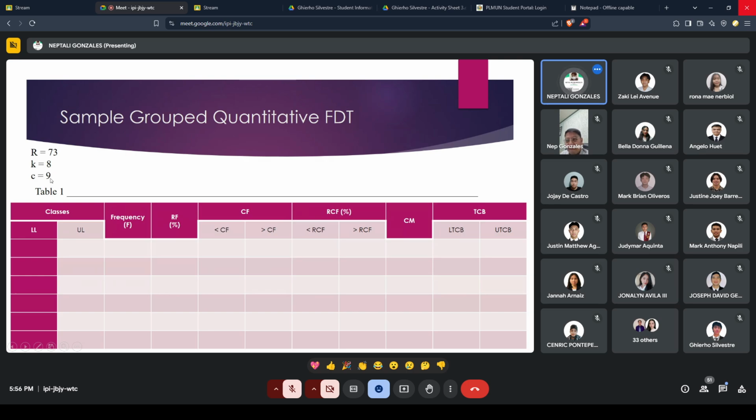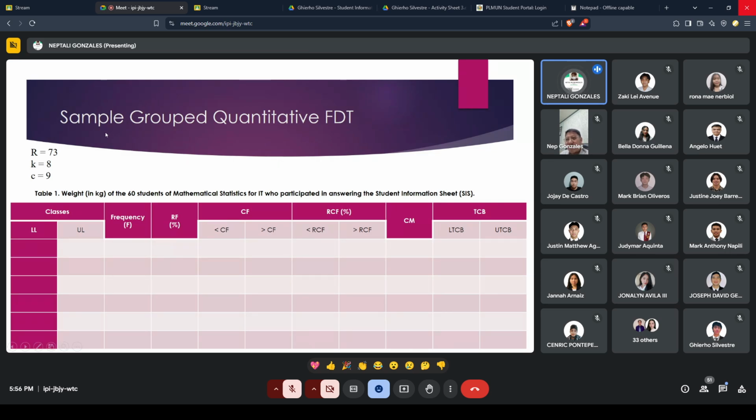So the next step in constructing the grouped quantitative FDT is naming the table. And Table 1, as reflected earlier in the previous slides, is the weight in kilograms of the 60 students of mathematical statistics for IT who participated in answering the student information sheet or SIS.